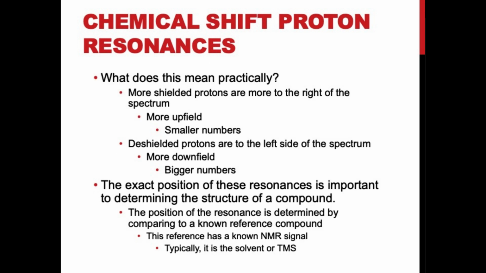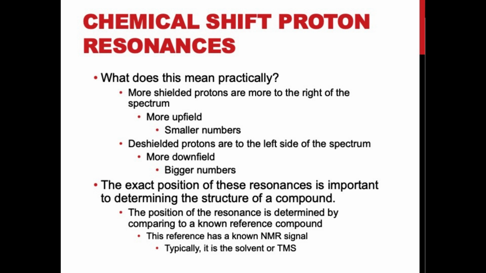Practically, what this means is that shielded protons, or more shielded protons, are further to the right on the spectrum. They're more upfield. Counterintuitively, this means they have smaller numbers. You get smaller ppm values when you're upfield. De-shielded protons are on the left side of the spectrum.